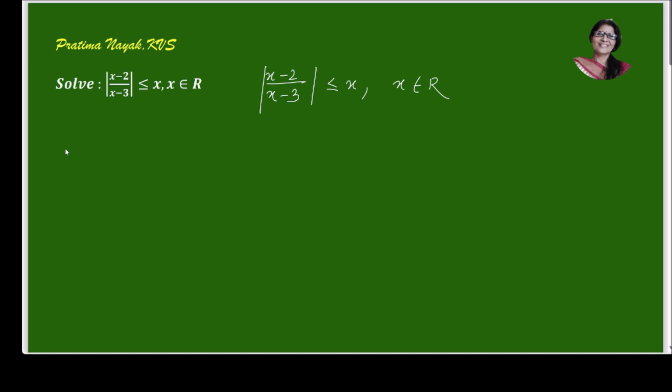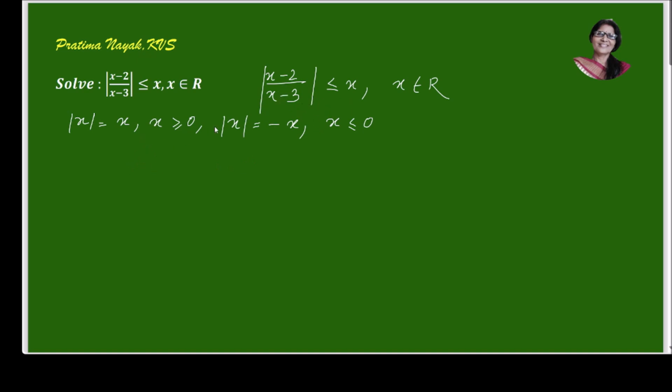So let us recall the modulus function. Modulus of x is the same as positive x when x is greater than or equal to 0, and the same as negative x when x is less than or equal to 0. This is the first condition.